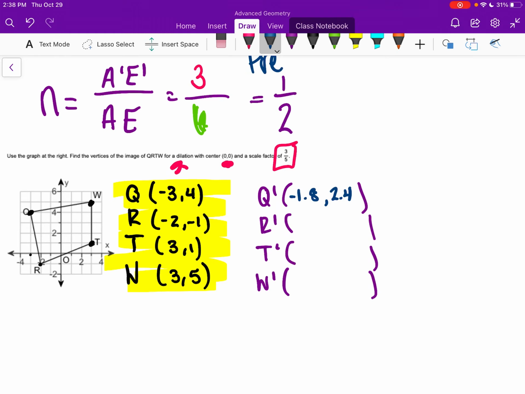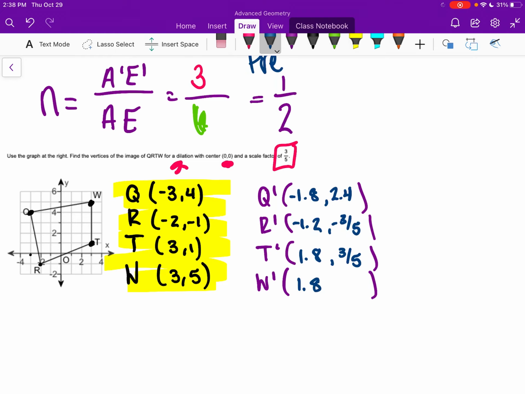And we are going to keep doing this for each coordinate, multiplying by our scale factor, and -1 times 3/5 will just be -3/5. I will leave that one as a fraction. 3 times our scale factor of 3/5 is 1.8. We need that because of -3. This would just be 3/5.